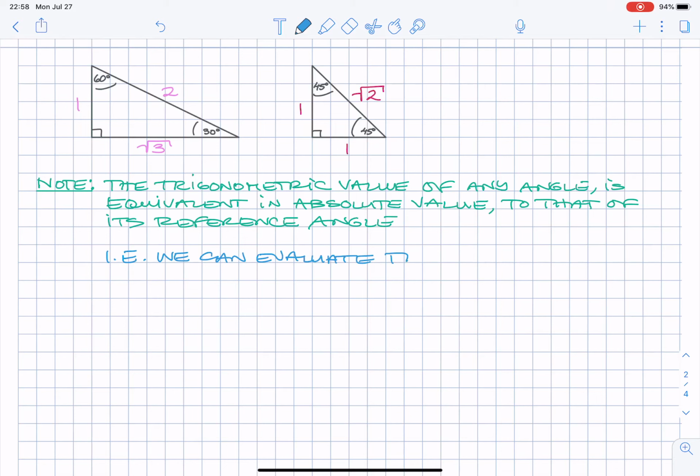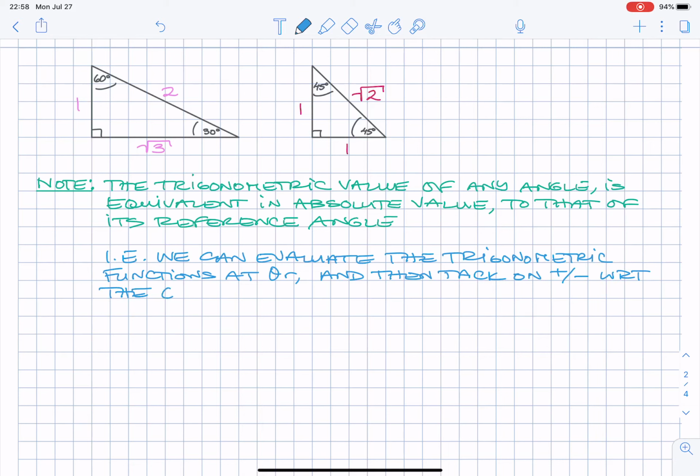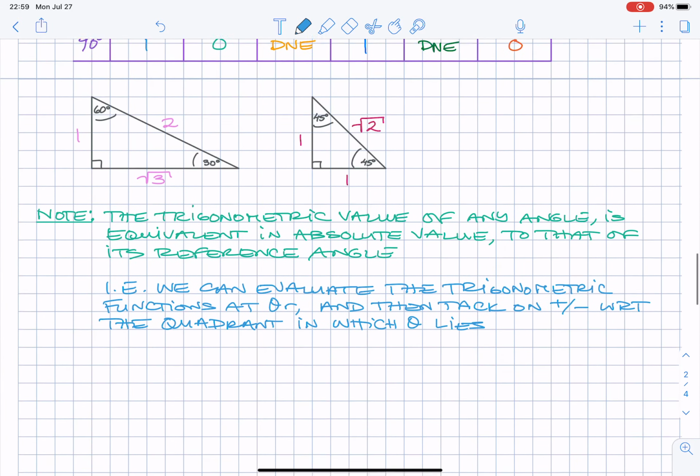So we can evaluate the trigonometric functions at theta sub r, and then tack on plus or minus with respect to the quadrant in which theta lies. Okay, so what do we mean by this?